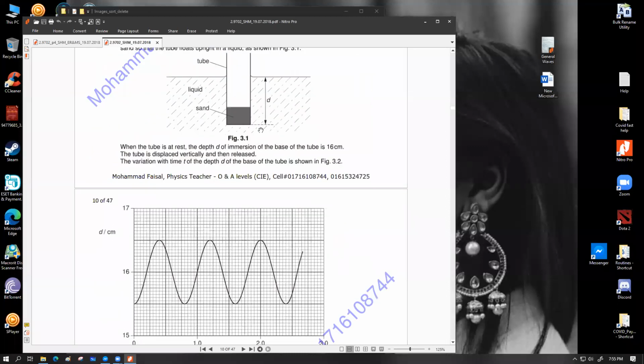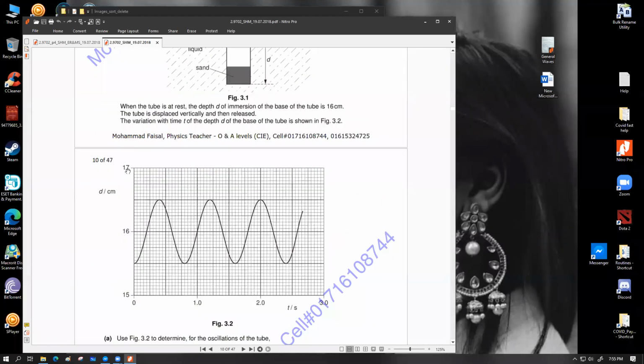So this bottom is undergoing this amount of oscillation. You can see this is a graph that goes 15, 16, 17 like that. d in this case represents depth from the open surface.